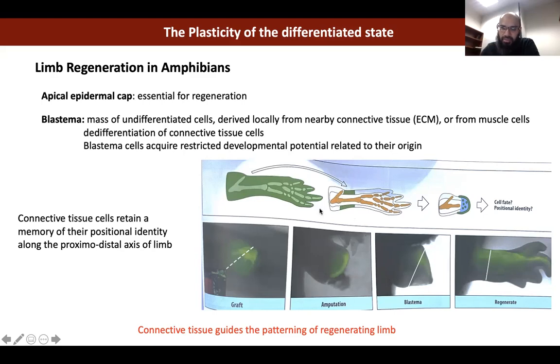Proximal means behind the cut site, and distal means in front of the cut site. What was in front of the cut site was gone, and now you need to regenerate it. This regeneration is dependent on the connective tissue, and connective tissue cells somehow retain the ability to know how to pattern the limb distal to the site of the cut.